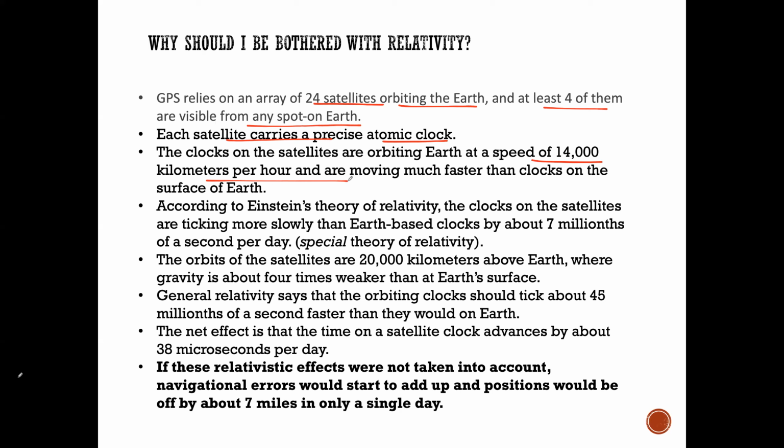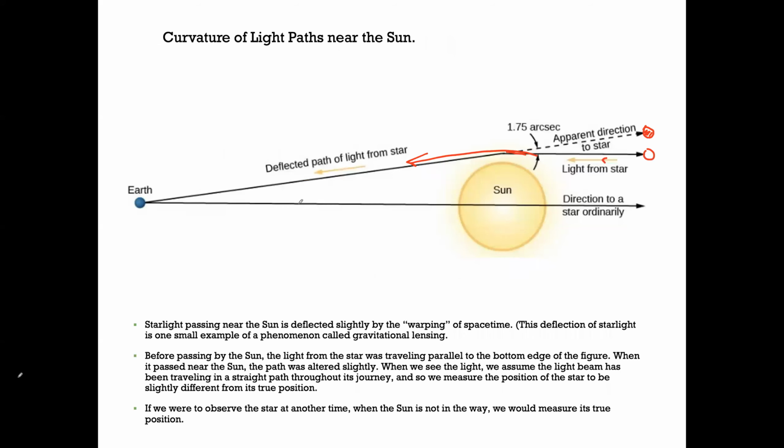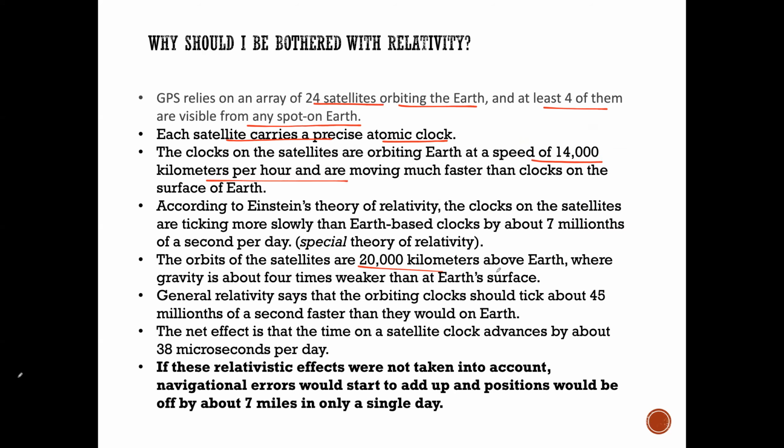And that's one thing. The other thing is that the orbits of these satellites are actually 20,000 kilometers above the Earth, which means gravity is about 4 times weaker than at the Earth's surface.